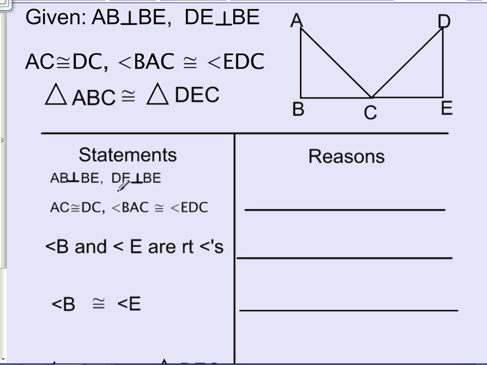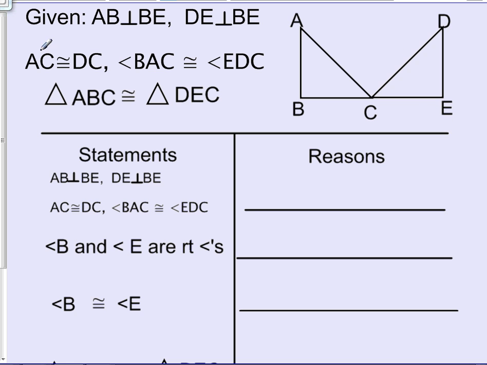All right, so we're going to keep going, do a couple more proofs, just so you guys get the hang of seeing these. Okay, so we're given that AB is perpendicular to BE, and that DE is perpendicular to BE.